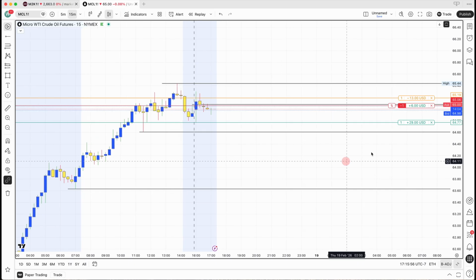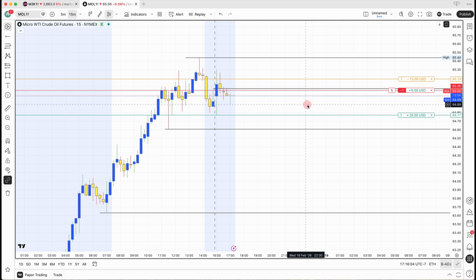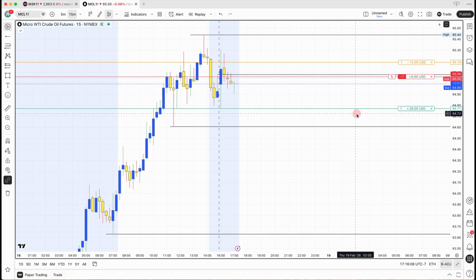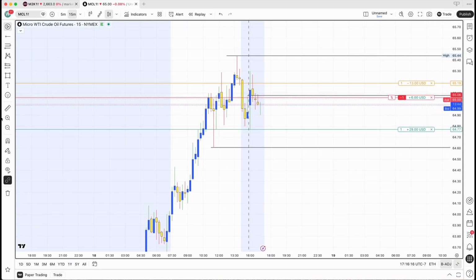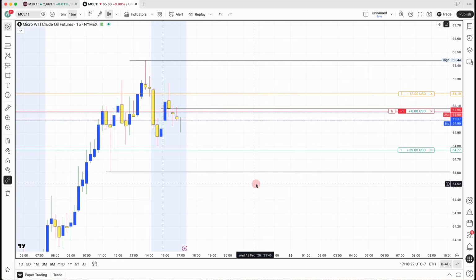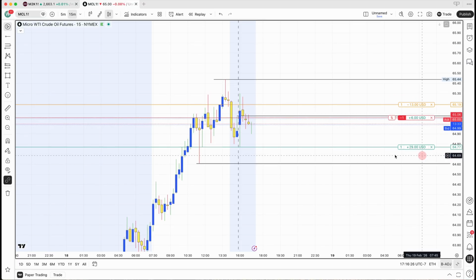So right now, the price had snuck down here to like $15 or so, and now it's crept back up to the $6 mark. That's okay. I don't care. So here's what I'm looking at right now. I'm looking at this area as my trade.